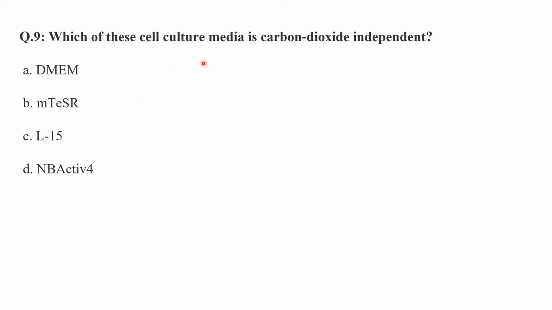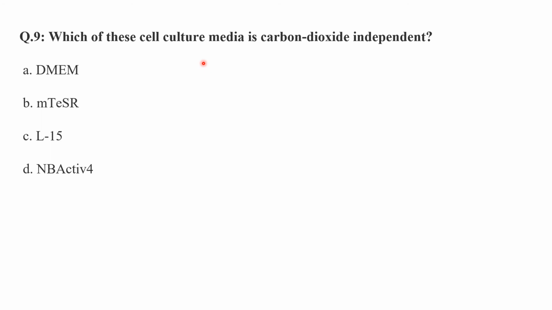The next question is, which of these cell culture media is carbon dioxide independent? As you may know, Dulbecco's Modified Eagle's Medium, DMEM, is a carbon dioxide dependent media. What do I mean by carbon dioxide dependent media? There are bicarbonates in the media, and they act as buffering agents against the change in pH.